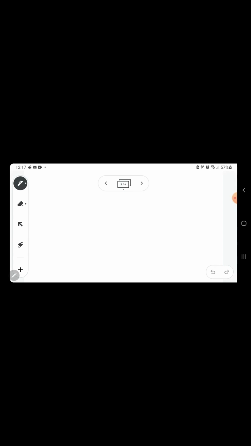Let's say we have a triangle where you have been given 4x here, 55 here, and x plus 25 here.